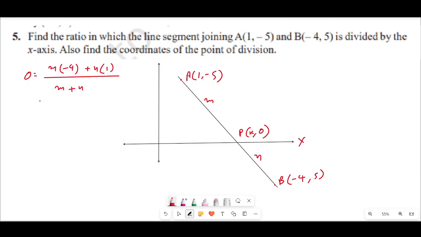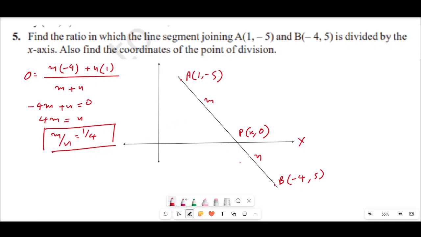So m plus n will be 0, and -4m plus n will be 0, then 4m will be n, so m by n will be 1 by 4. That is the ratio of m by n. Clear?